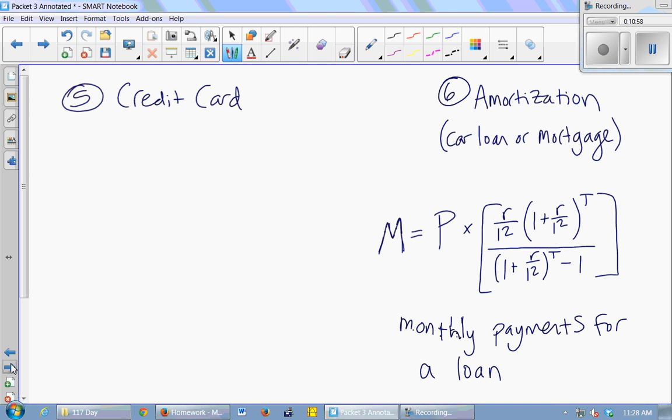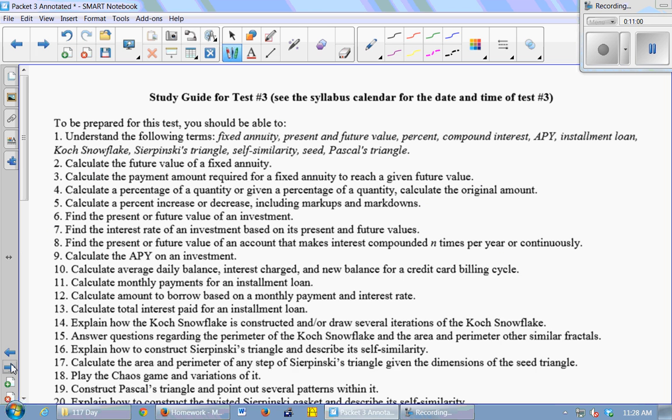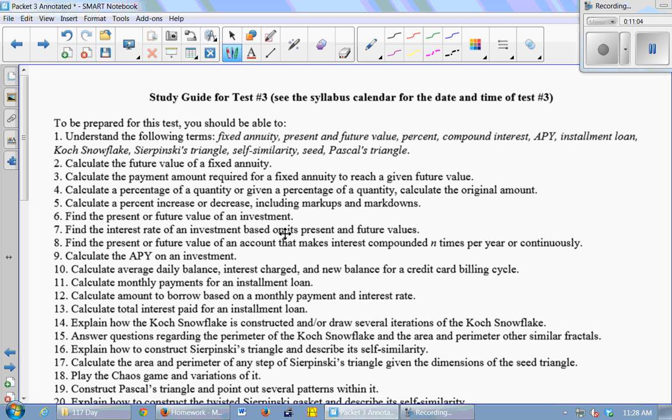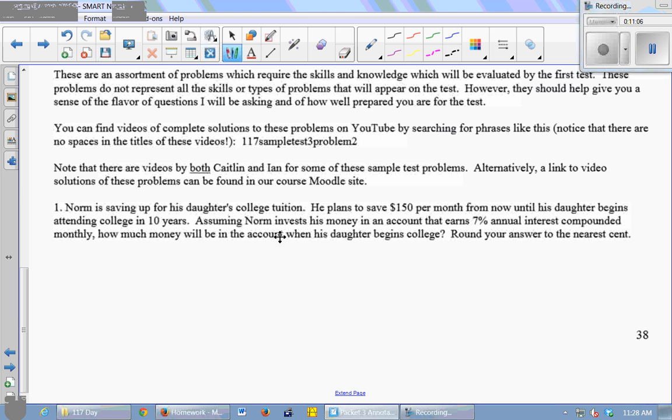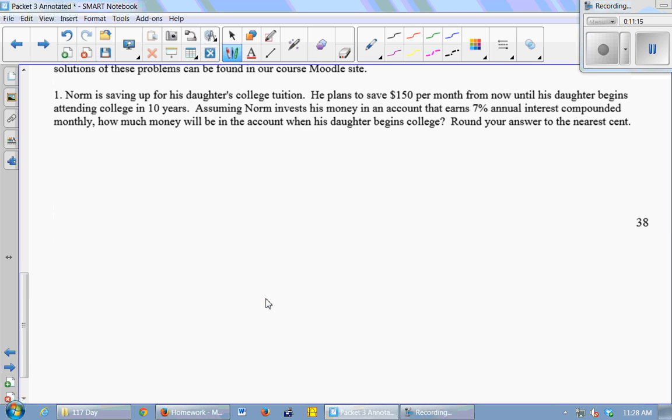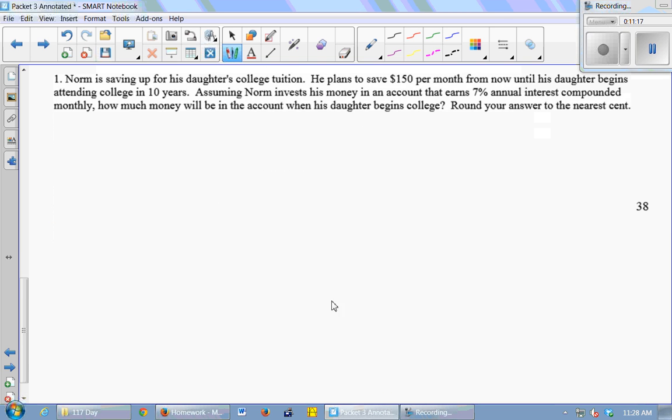So I think what we should do is, as a class, answer some of these questions that use the financial formulas. Do them together. Okay, here's the first one. Norm is saving up for his daughter's college tuition. So it's a savings problem, right?